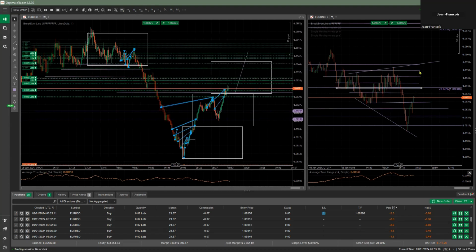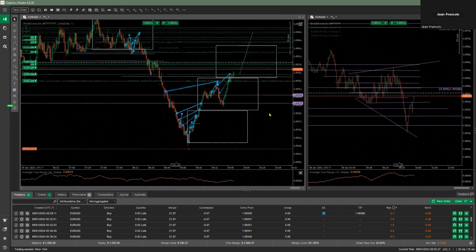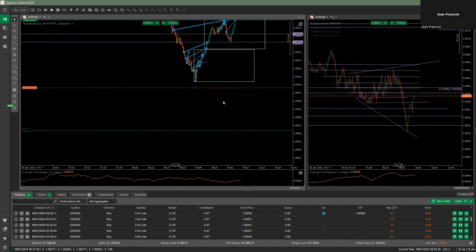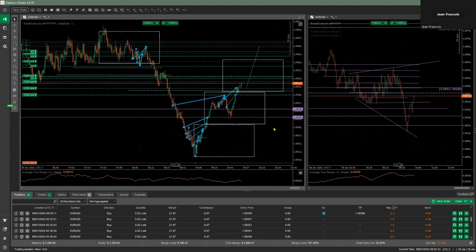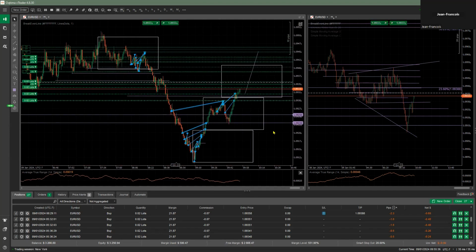And if it fails to push higher and higher and higher, and it does rotate and goes lower and lower and lower, we don't have to give up on the bias, but you can call it a day, come back tomorrow and do it again, right? Minimize the loss. You don't have to say, oh, I screwed up and then lose 36 pips on everything, right? Just lose what you need to lose so that you can stay in the game.